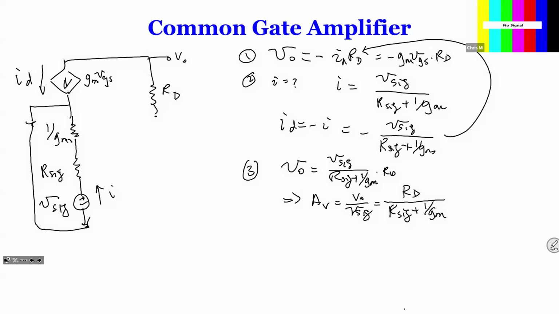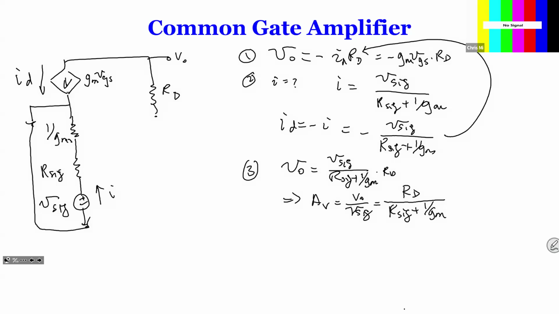Now, there's one more thing I just want to recap here. Why ID is minus I over here? Because the gate current is 0. Remember, the gate current is 0. So therefore, I is minus ID. So if this is BJT, this I and ID will not be equal because this IC and IE, there's a difference of IB.